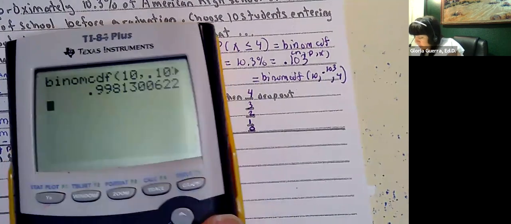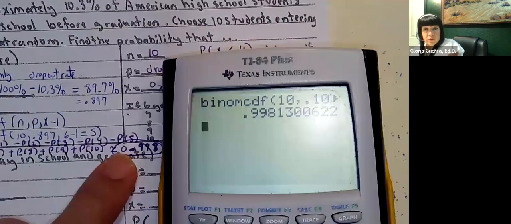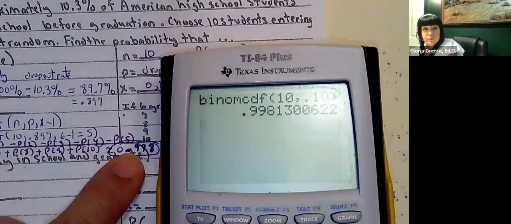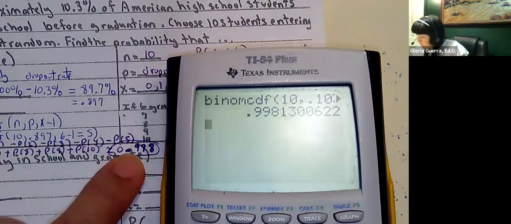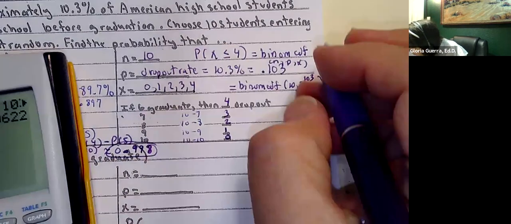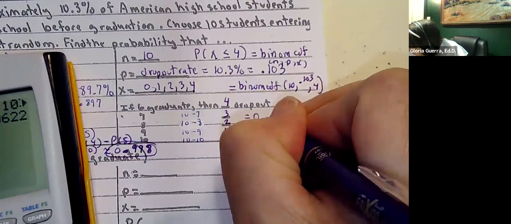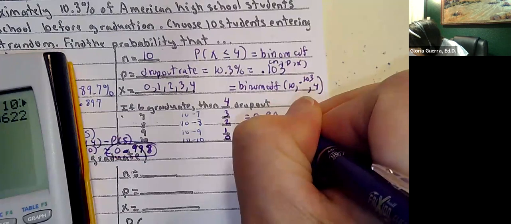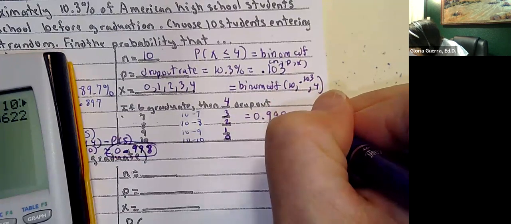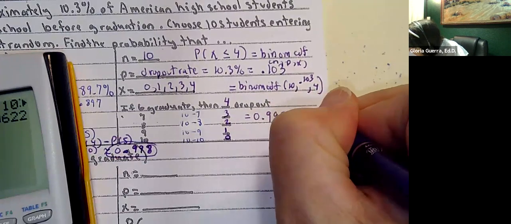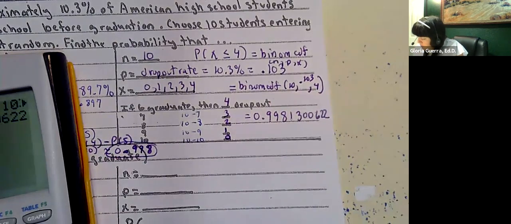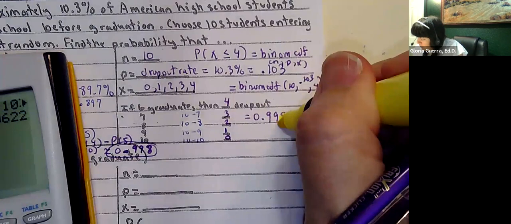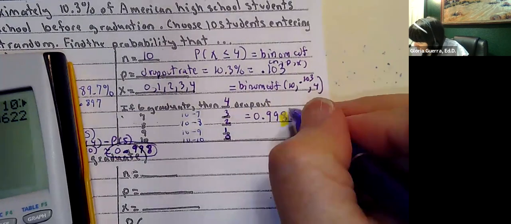And we should get the same thing that we got over here, 0.998. See, so we get the same thing. I didn't write down that long decimal because I didn't have any room on the other side. I guess I can write it down here. Then you round to your thousandths. Is the neighbor 5 or more? No.